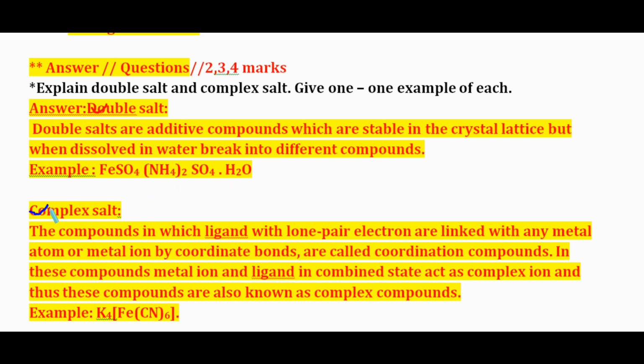Next is complex salt: compounds in which ligands with lone pair electrons are linked with a metal atom or metal ion by coordinate bonds are called coordination compounds. In these compounds, the metal ion and ligands in combined state act as a complex ion, and thus these compounds are also known as complex compounds. Example is K4[Fe(CN)6].